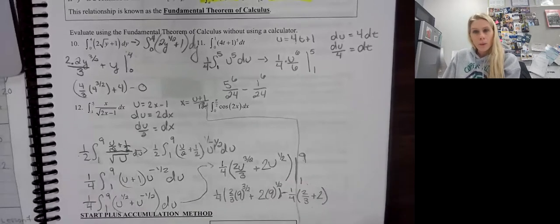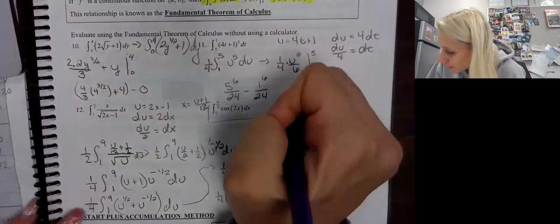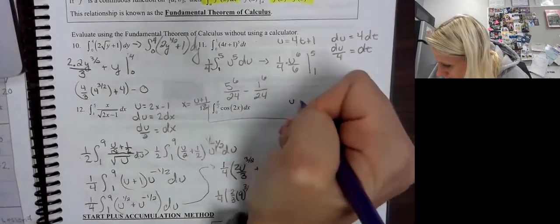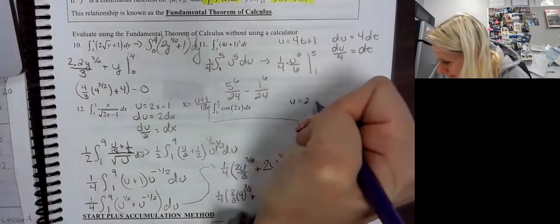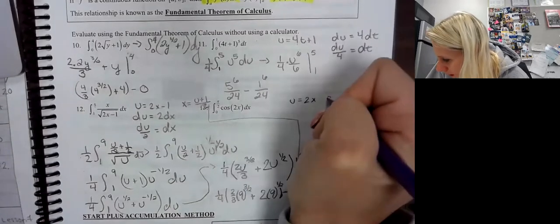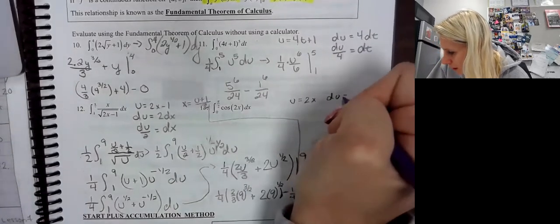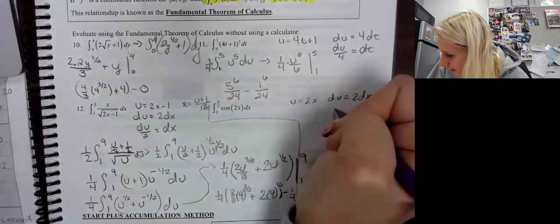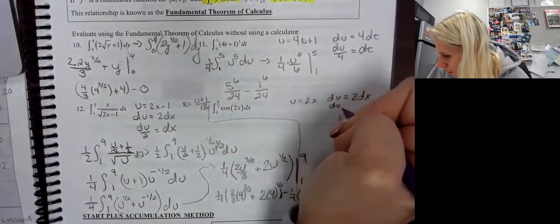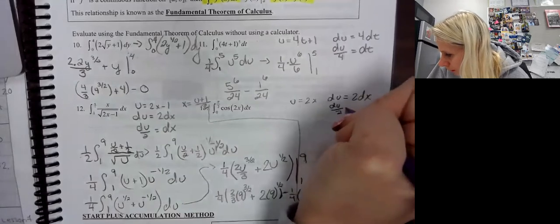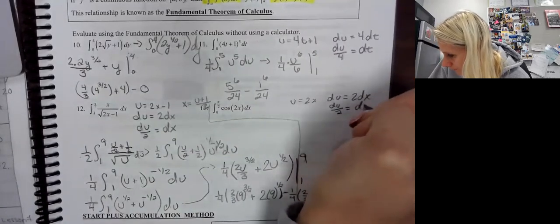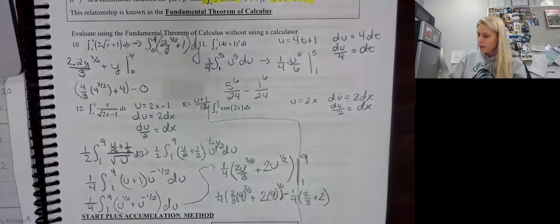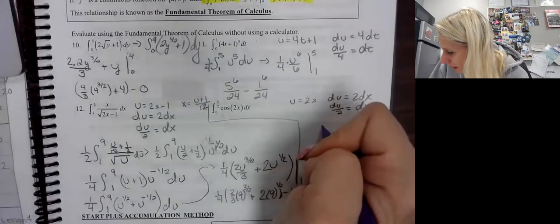Okay, let's do something with trig just to see how we are doing, and still do the u substitution. So u is 2x, which gives me du to be 2dx. Solve for dx, we get du over 2 equals dx. All right, let's substitute back in.